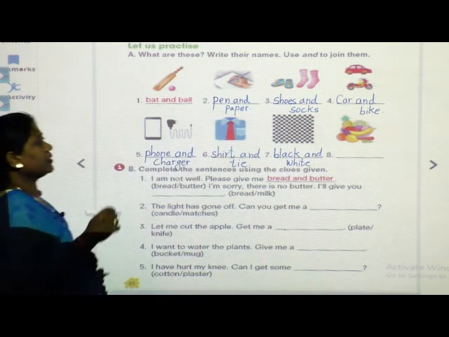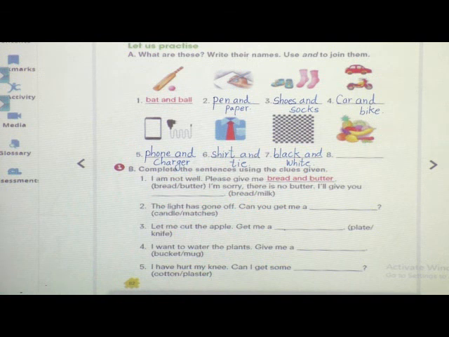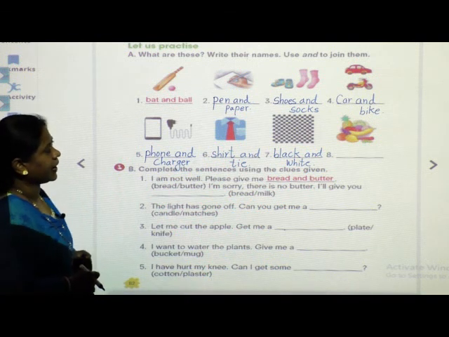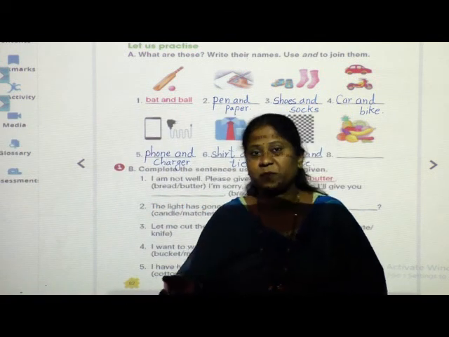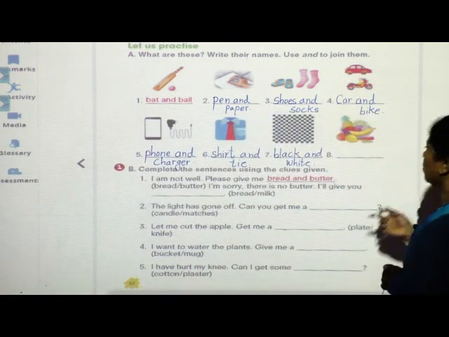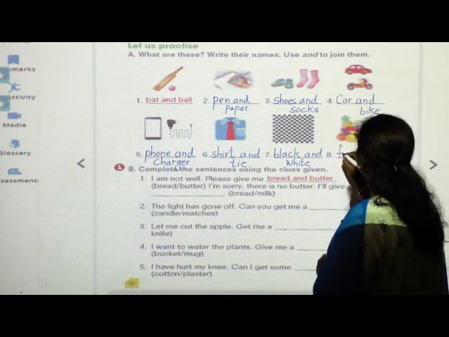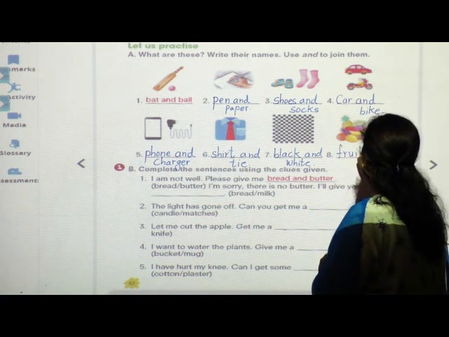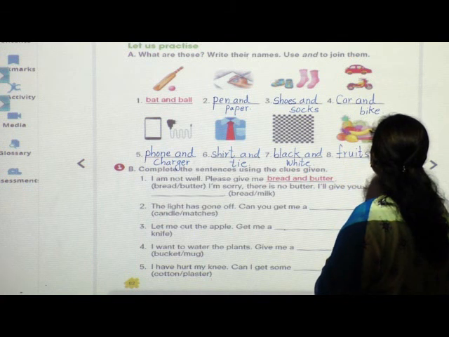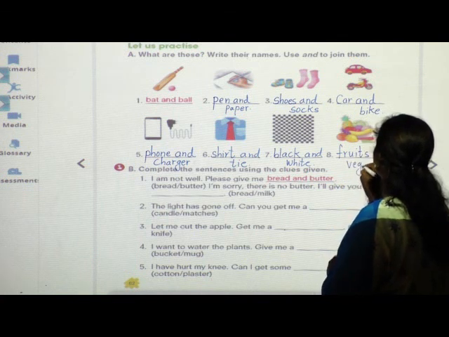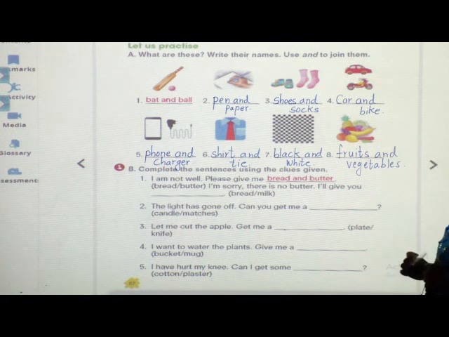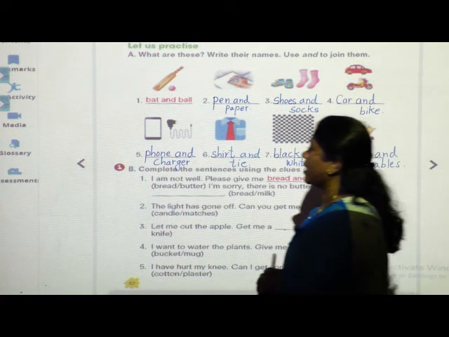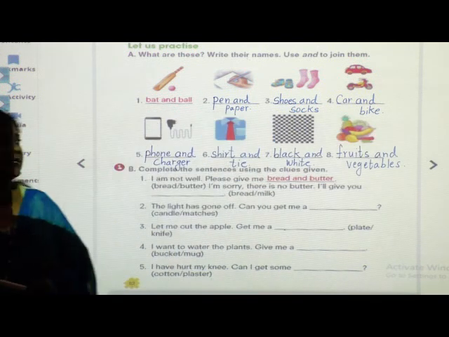Okay, children. In the next picture, what can you see? Yes, in the basket there are fruits and vegetables. Fruits and vegetables. So you have to write here fruits and vegetables. Okay, children. So here we have completed this A exercise.